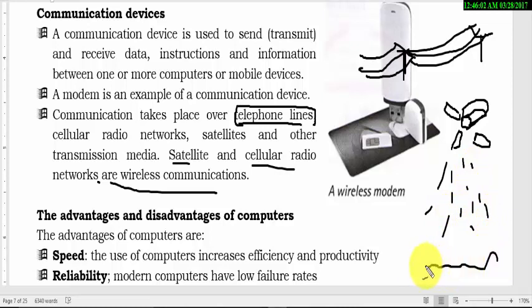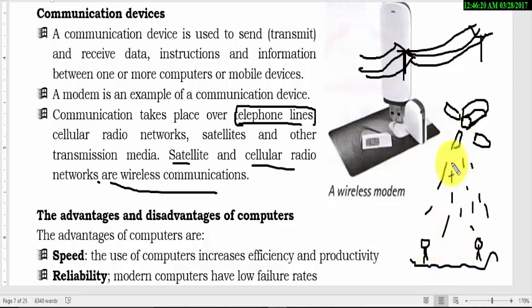This is Earth. A person may be here, a person with a phone. This person will be able to communicate to this one here with a phone. So you call here, and the radio waves will go in space.